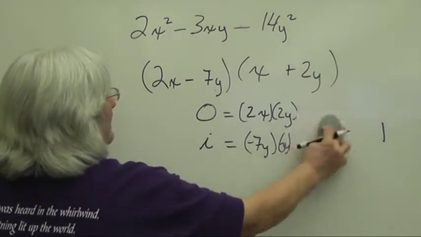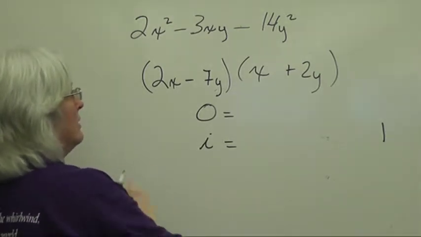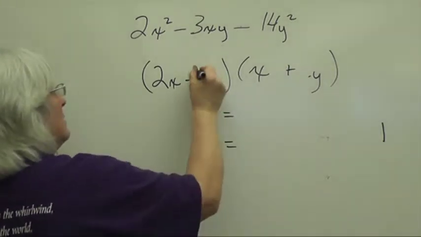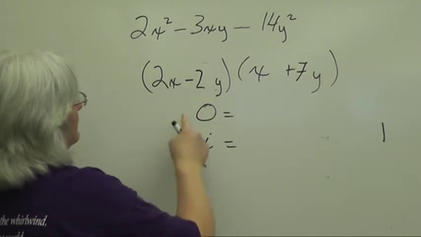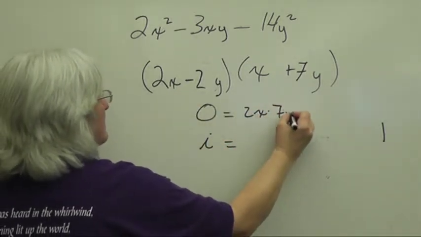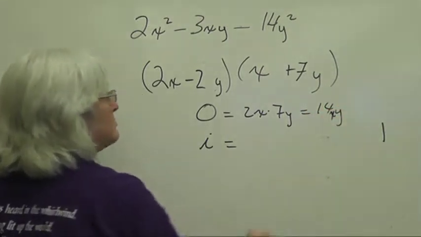Let's see what would have happened, however, if we had changed this order. Instead of a minus 7 and a positive 2, we had a minus 2 and a positive 7. Our outer product is 2x times 7y, which is 14xy.